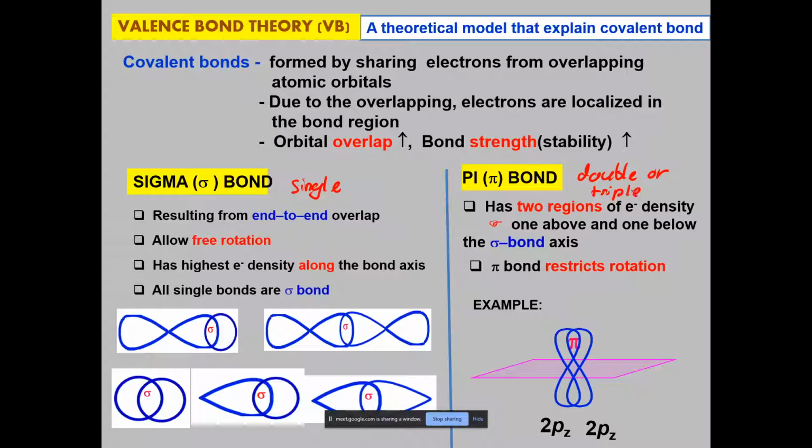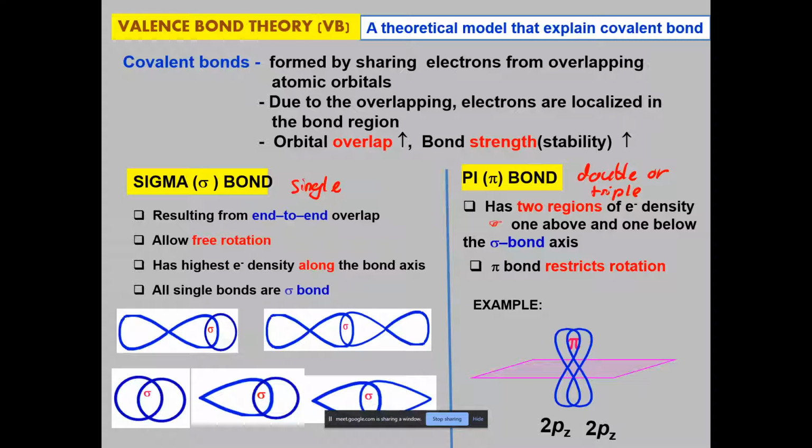So it explains how this bonding occurs. Remember, in covalent bonds the atoms share the electrons, they don't give them away, they still hold on to them. So how exactly are those electrons being shared?